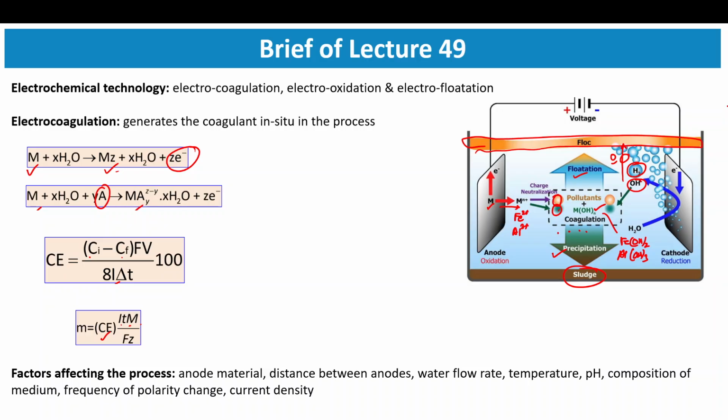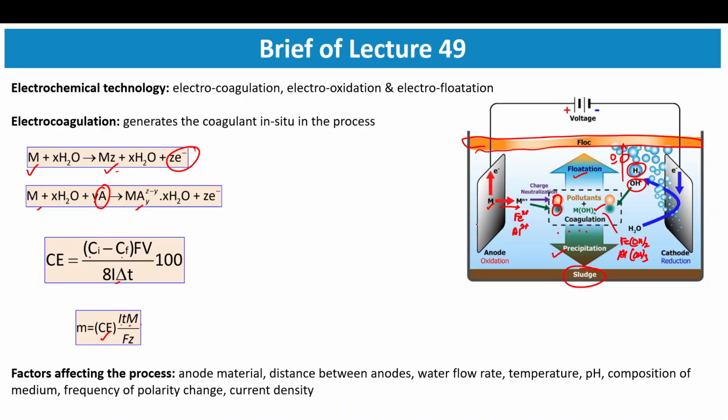So, let's talk first about electrocoagulation. Electrocoagulation is nothing but you are trying to coagulate the suspended particles, and here the coagulant is generated in situ in the process. So you are using the anode as the metal, right? So the anode will be pure metal.